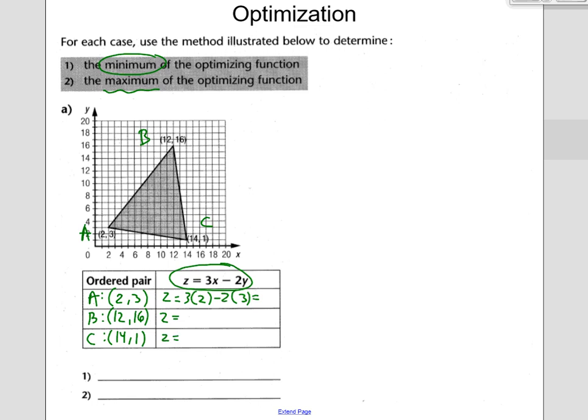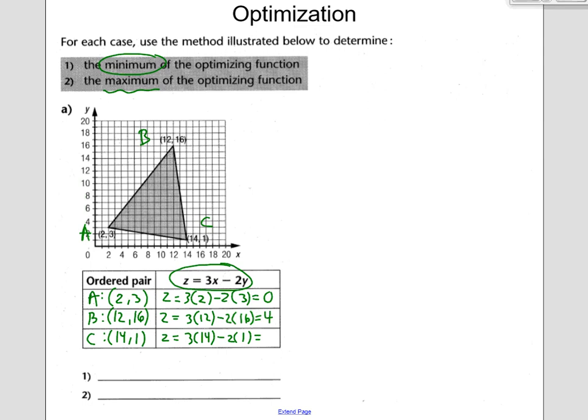Now, for the first one, 3 times 2 is 6 minus 2 times 3, so that's 0. You don't have to show me the work for each of them. But of course, if you do, I believe you have less chance of making mistakes, right? So you find your values for each of them, and then you'll be able to find who has the maximum and the minimum.